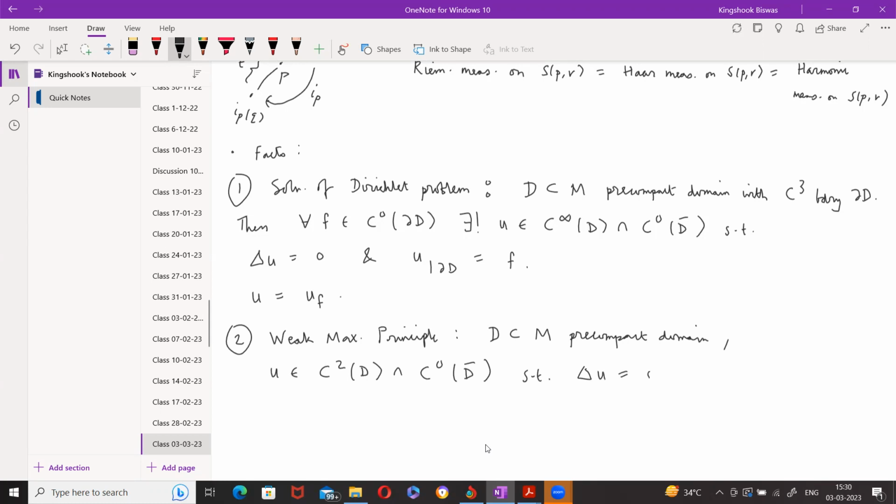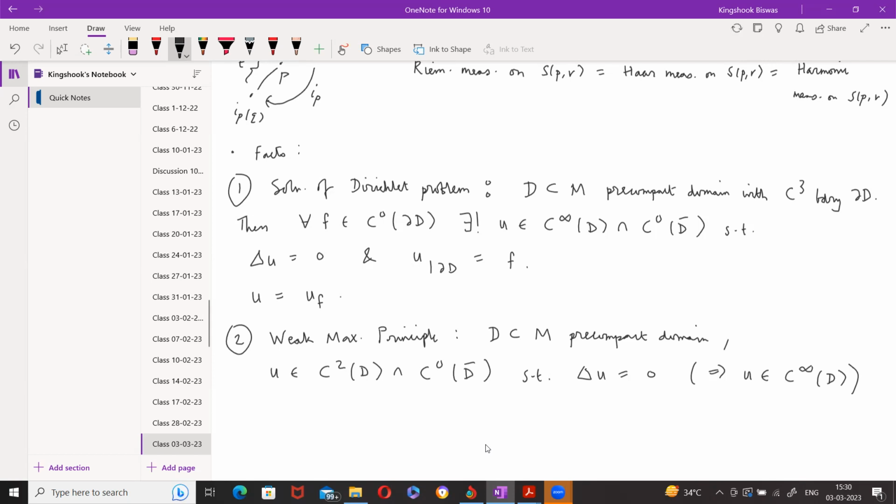So actually there's no distinction between C2 and C infinity here. If U is harmonic, this automatically implies that U is C infinity in D by something called elliptic regularity. That means if it's a zero of an elliptic second order operator, then it will automatically be smooth.